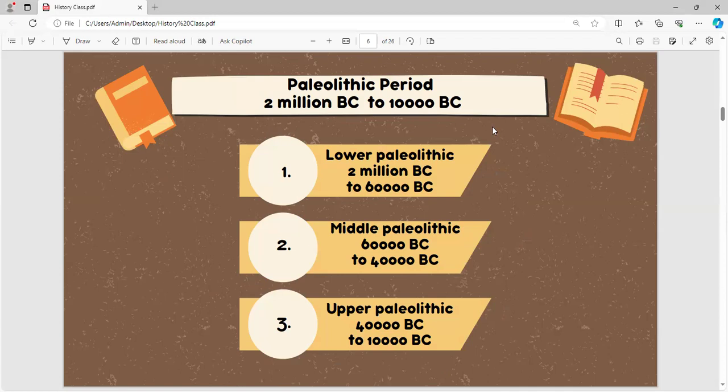So based on that, the archaeologists divided the Paleolithic period into 3 parts. Lower Paleolithic is from 2 million BC to 60,000 BC. Middle Paleolithic from 60,000 BC to 40,000 BC. And Upper Paleolithic is from 40,000 BC to 10,000 BC. And next will be the Mesolithic period. We are studying one by one.